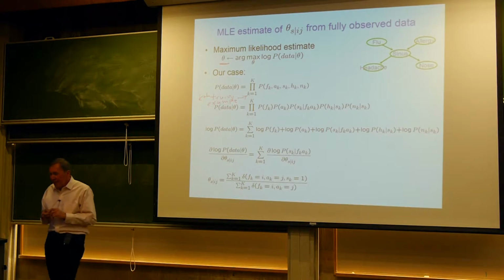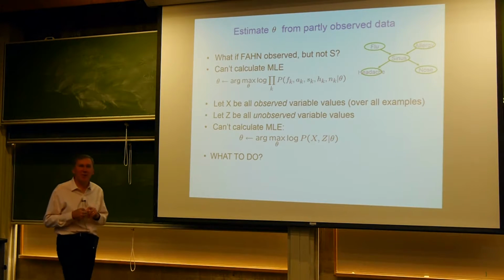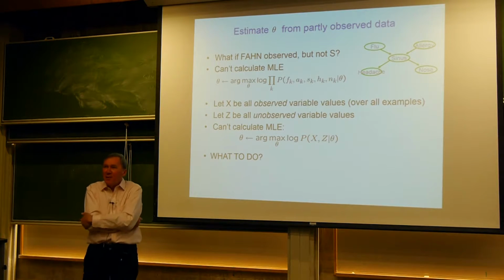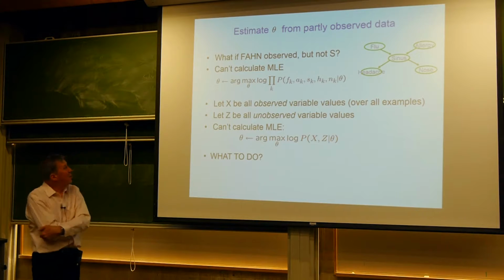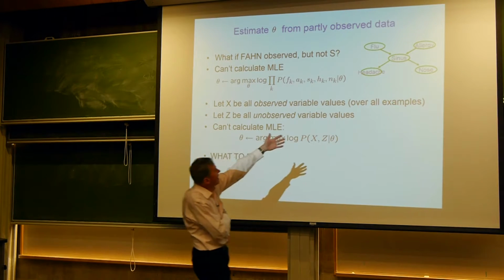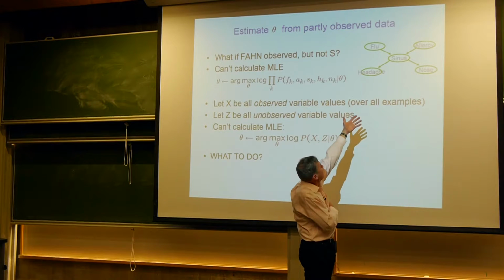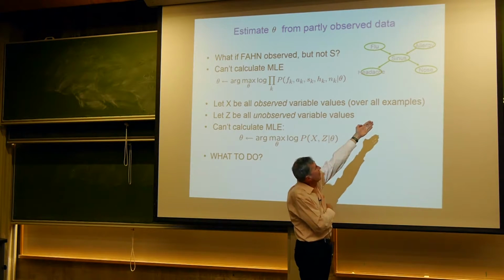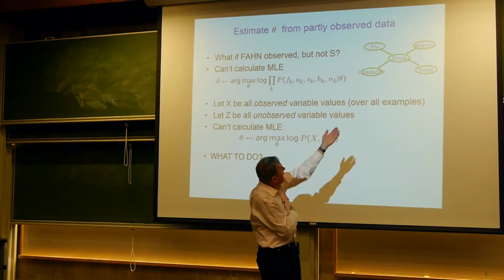Okay, but now let's move to the more interesting problem, where we don't get to observe everything in our training data. So suppose, again, the doctor told us that she believes this is how the observable headache and nose features depend on flu and allergy.